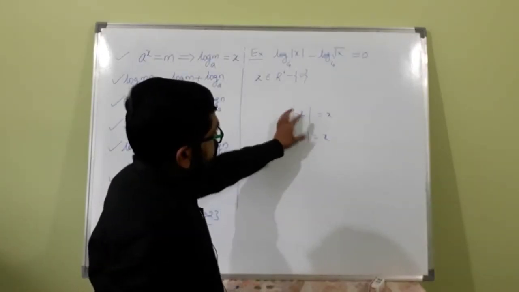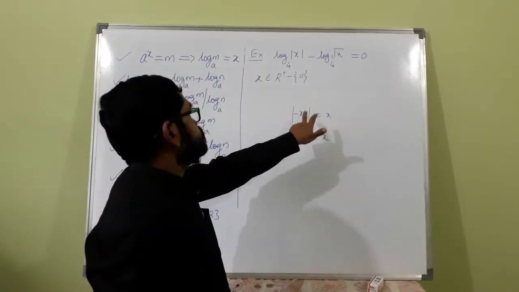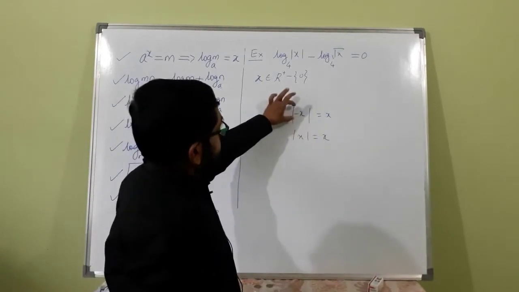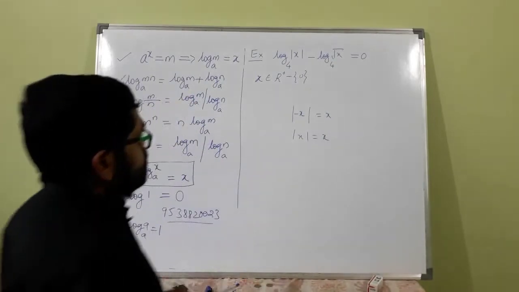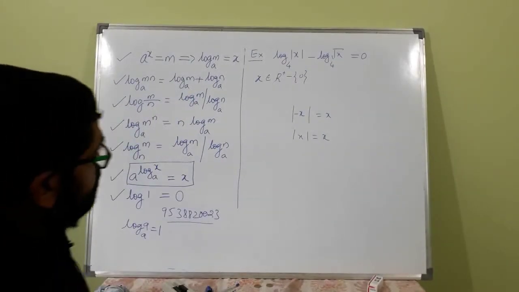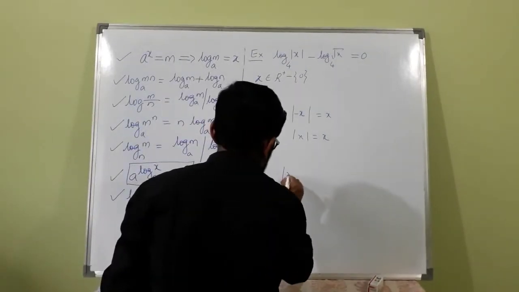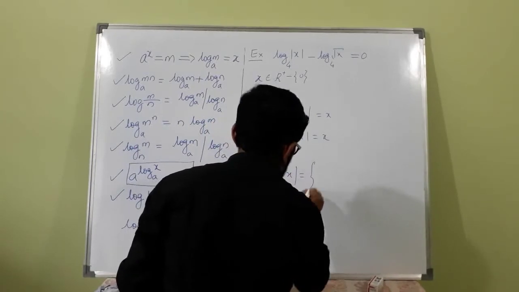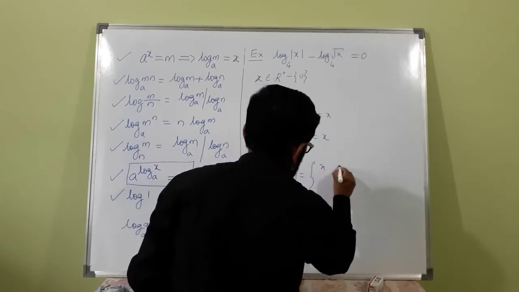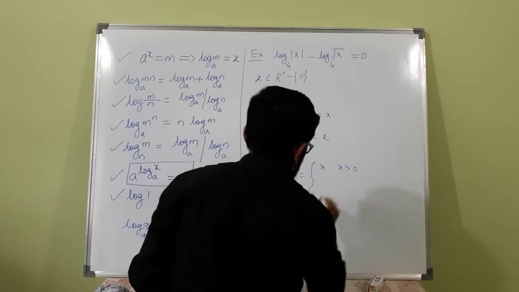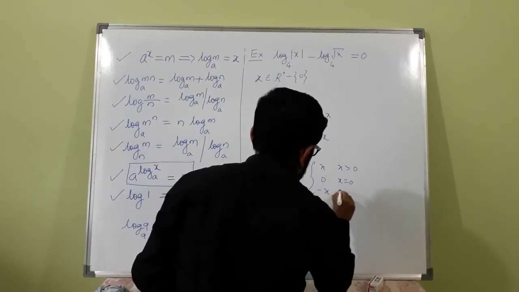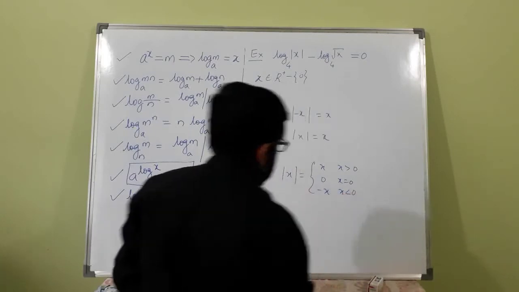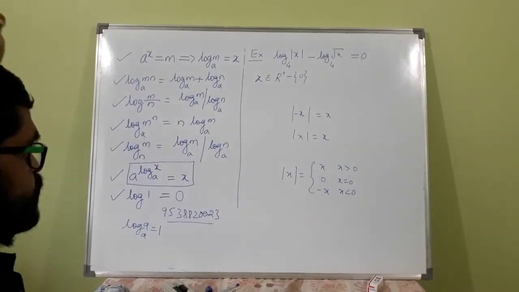This function converts the function inside it into positive. See, the actual definition of modulus of x is, this will be x when x is positive, this will be 0 when x is 0, and this will be minus x when x is negative. This is the definition.